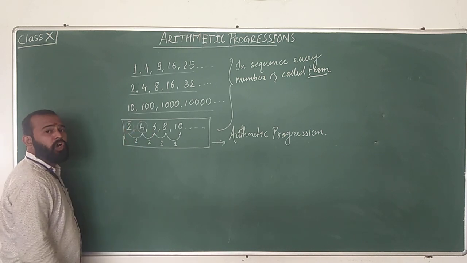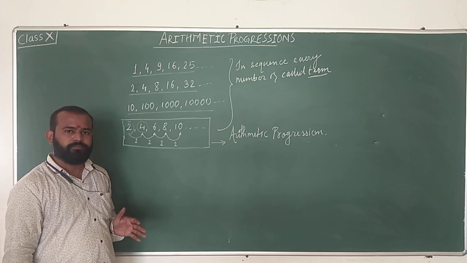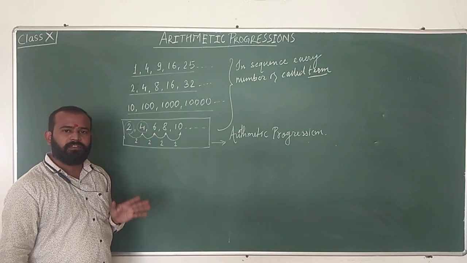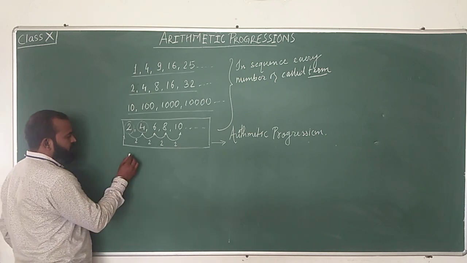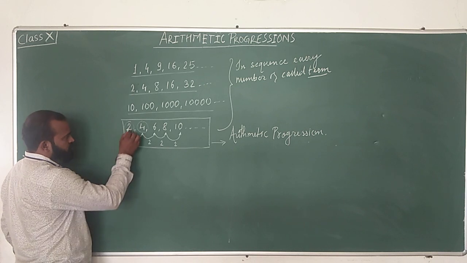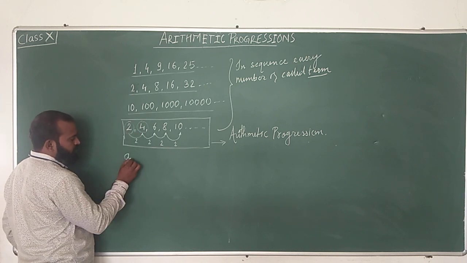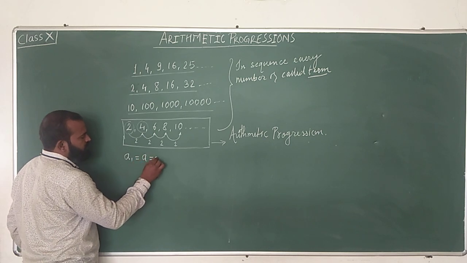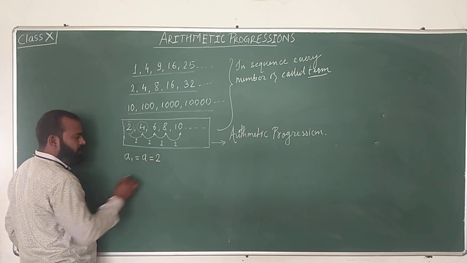In arithmetic progression each number is called a term, and the terms are denoted by the letter A. Suppose the first term is A1. A1 is equal to a, which is 2.